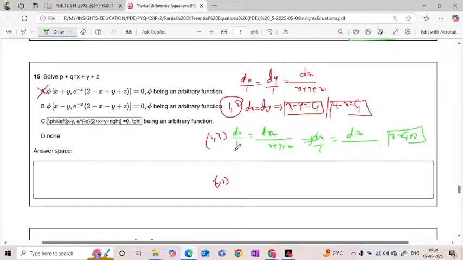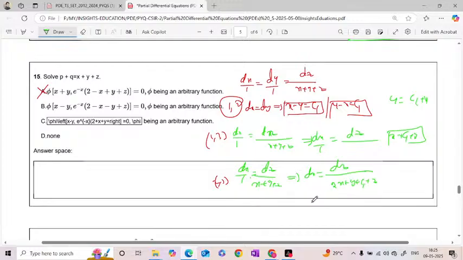From the 1, 3 option, here the equation is dx by 1 and dz by x plus y plus z. But already we have y is equal to c1 plus x, so dx is equal to dz by 2x plus c1 plus z. Just integrate with respect to z.